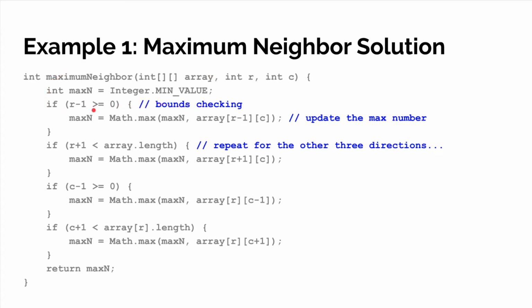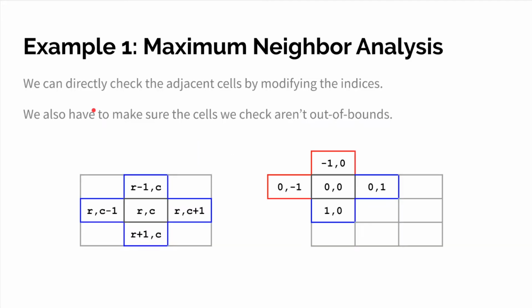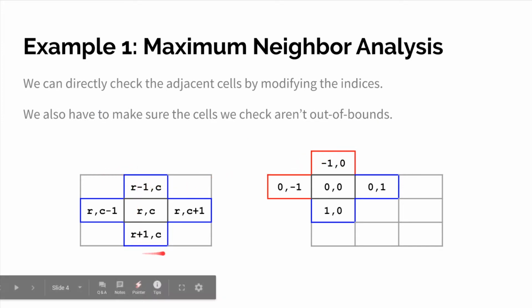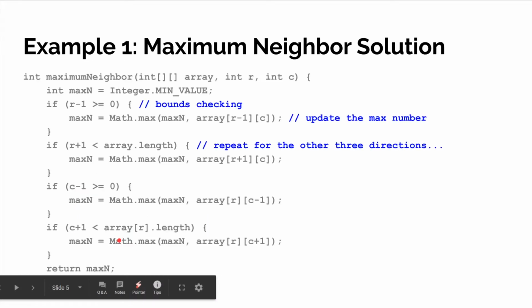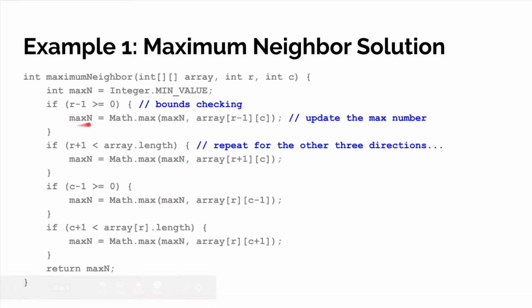So if row - 1 is greater than or equal to 0, which means that it's within this matrix, then we just set maxNumber to the max of the previous maxNumber and the array entry. And we repeat this for the other three directions, right?